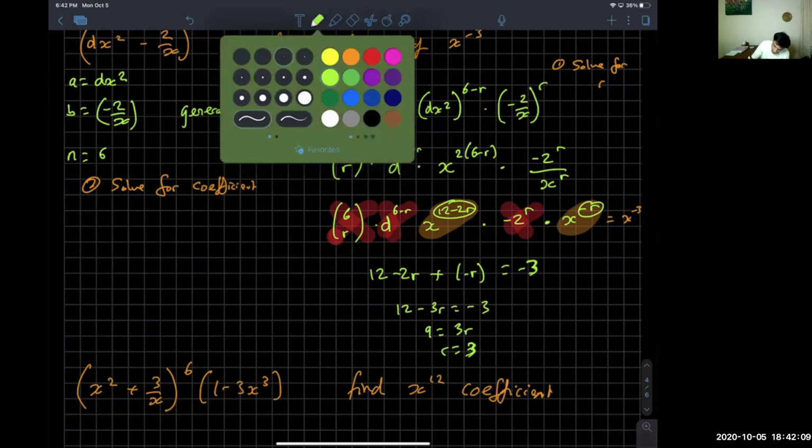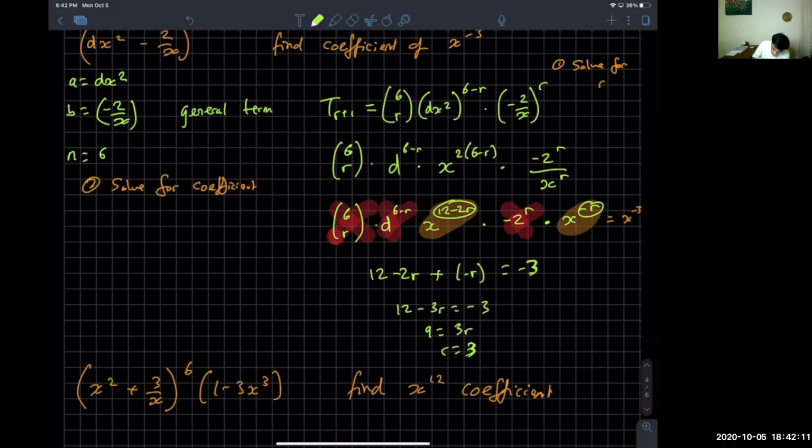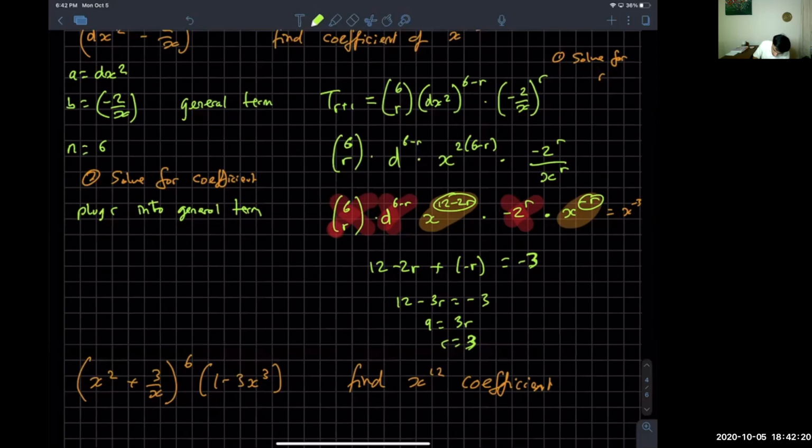Okay, let's do this one now. So now we know r, so just plug r into the general term. Okay, so 6 C 3, and then dx squared to the power 6 minus 3 here, multiplied by negative 2 over x to the power 3.